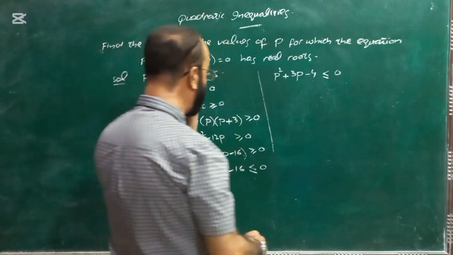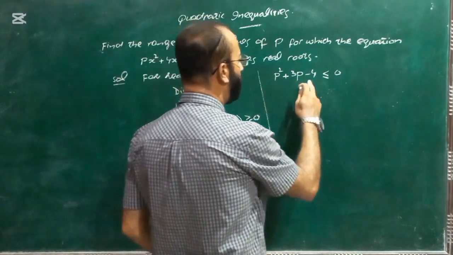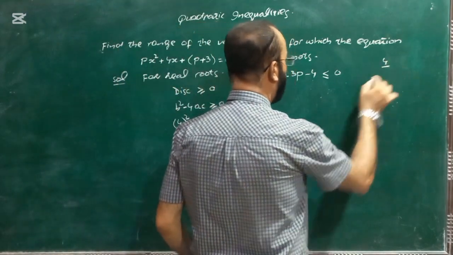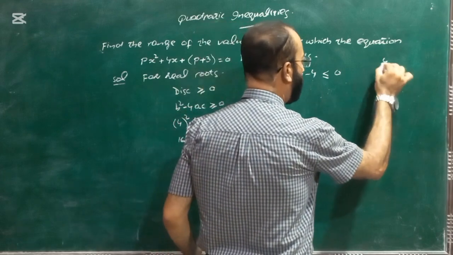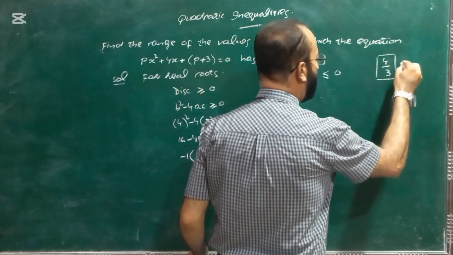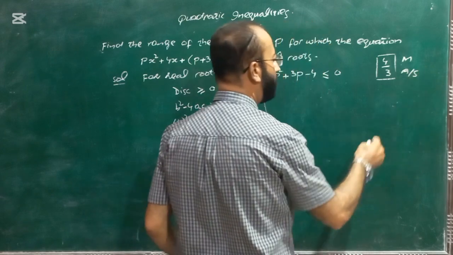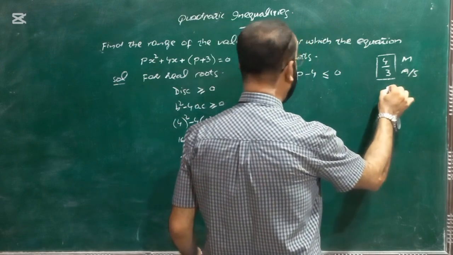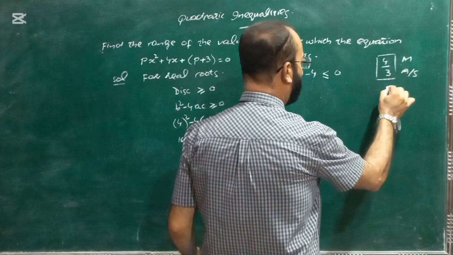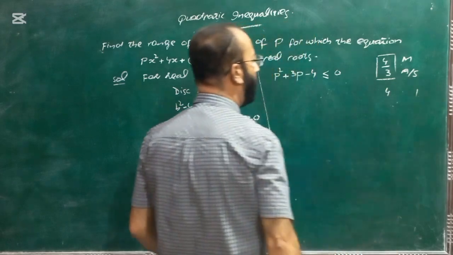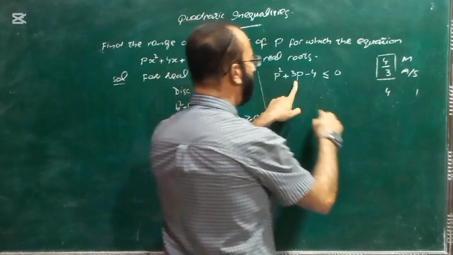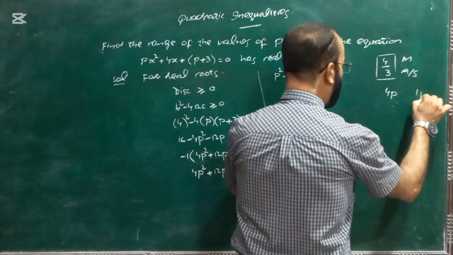So at this step, multiply the coefficient of the first term with the last one, and the central value is 3. Now think of a pair of numbers whose multiplication equals this one, and whose addition or subtraction equals this one. So the numbers are 4 and 1. Okay, write the sign with them.